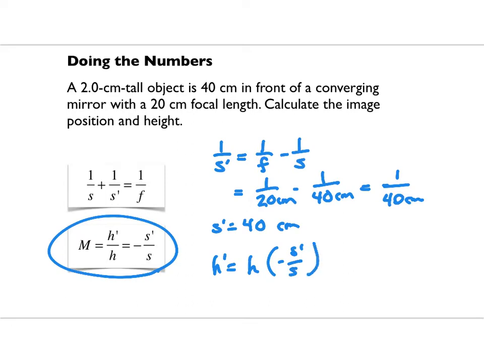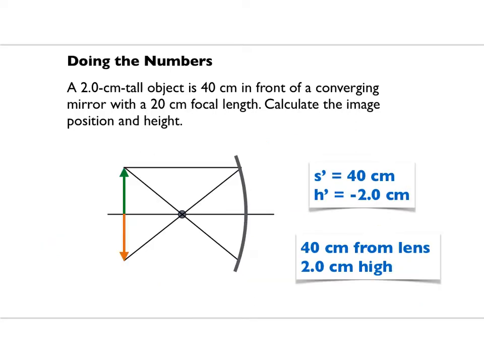Well, s prime and s are both 40 centimeters, so this just turns into 1. h prime is equal to h, except there is a negative sign here. And so I'm going to get h prime is equal to negative 2.0 centimeters. So the image is 2 centimeters high, but it's inverted. That's what the negative sign is telling us.